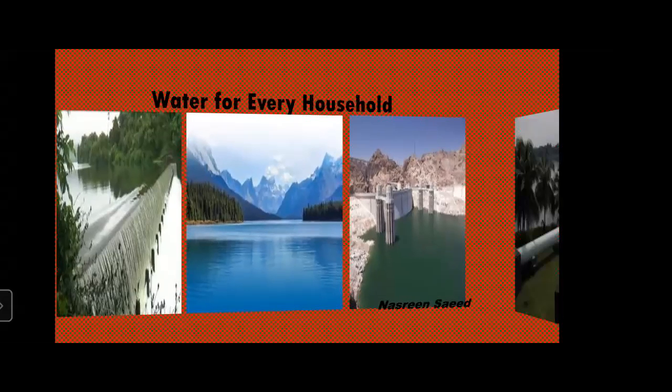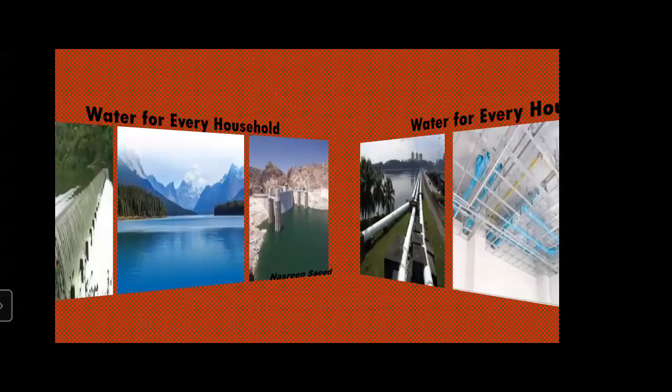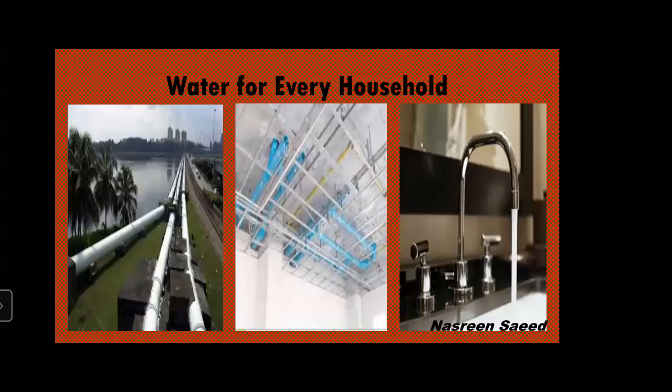Now the water is collected in these lakes, rivers and reservoirs, and these lakes and reservoirs are not near to our house. We all are not lucky enough to stay near a river or a lake or a reservoir. Some people must be staying in places where there is no river in the full area, in the full district there is no lake.